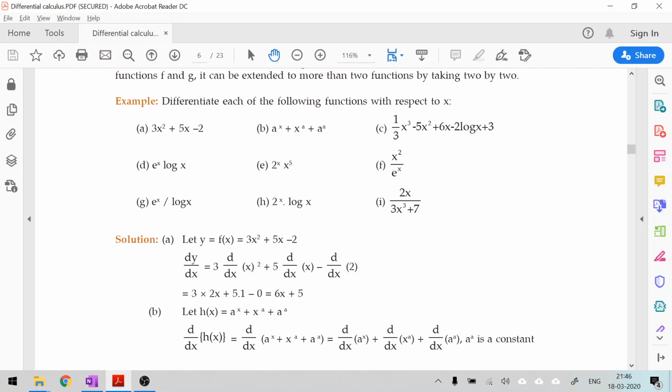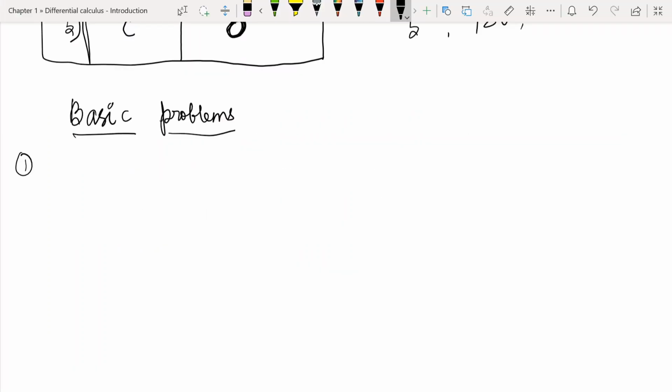Come to the first question, A: 3x square plus 5x minus 2. So let's solve that. This is the first question.